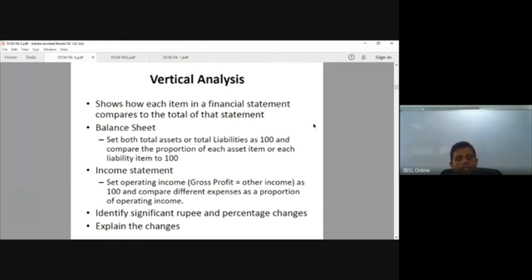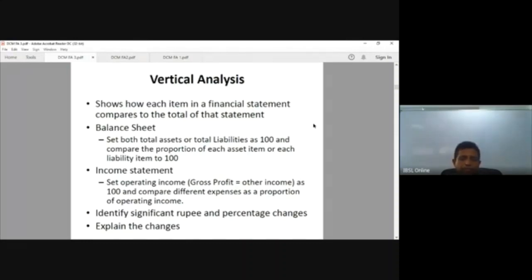If you take the balance sheet as the main statement, or the statement of financial position, you take the highest value item in the balance sheet. Normally the highest value item is the total assets, or on the other side, total liabilities plus total equity.